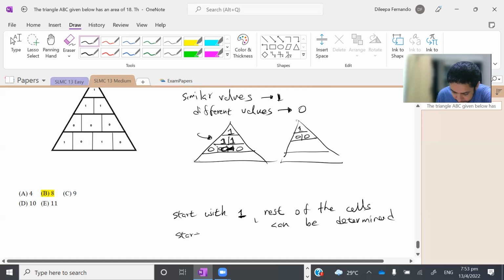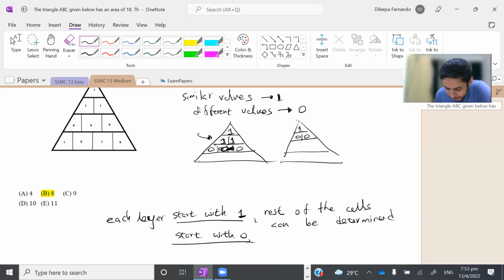Same goes with starting with 0. So that means at each layer we have two possible configurations: one configuration to start with 1, one configuration to start with 0. Each layer, because in each layer we have the choice to start with 1 or start with 0.